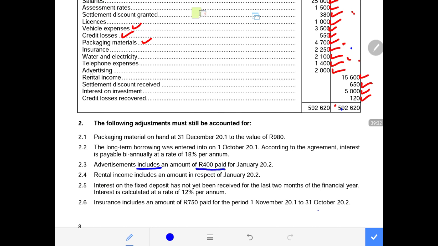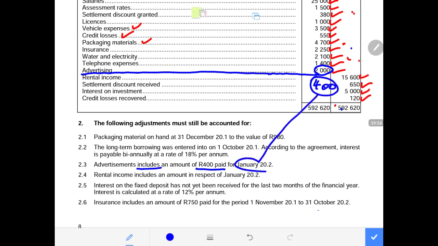That means in the amount of advertising that was paid, remember I said expenses that are in the trial balance are expenses that are already paid. That means the 2,000 is already paid, and included in this 2,000 is an amount of 400, and the amount of 400 does not belong in the current year. It belongs in the month of January 2002.